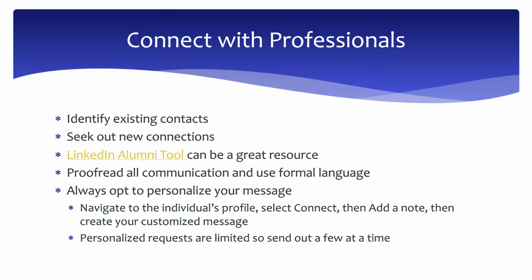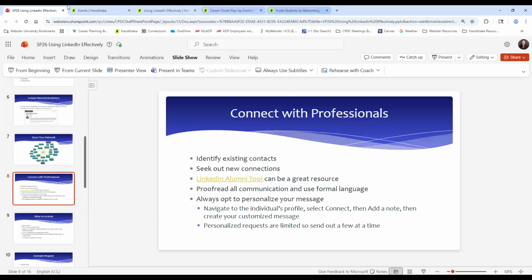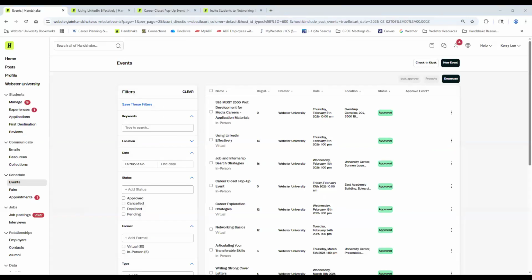When you go to the Webster University page, you can filter by people who have a Webster degree listed in their profile. I'm going to flip back really quick and I can show you all what that looks like.